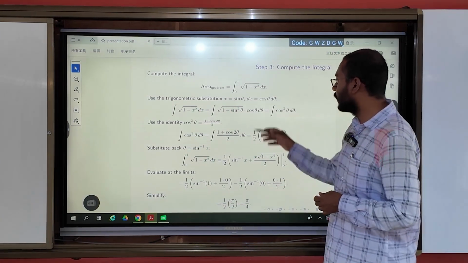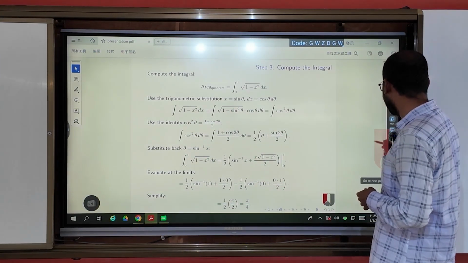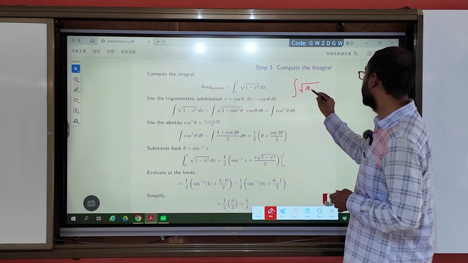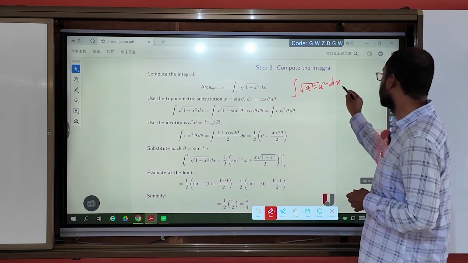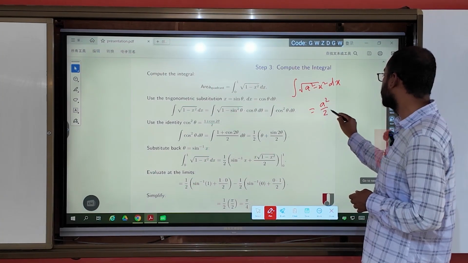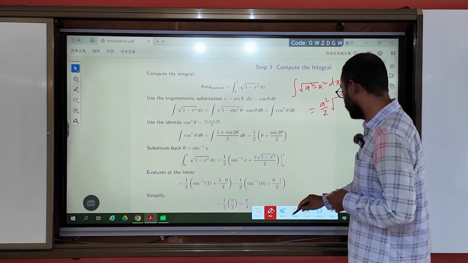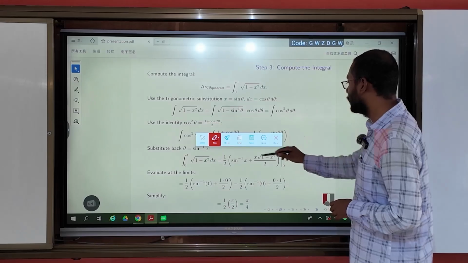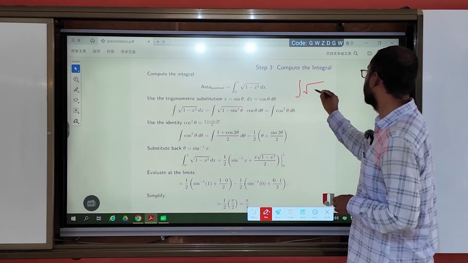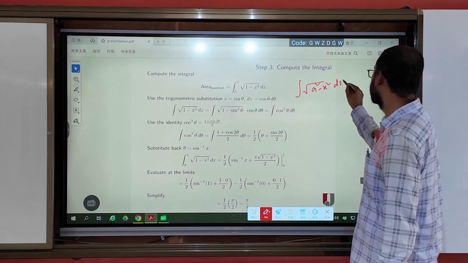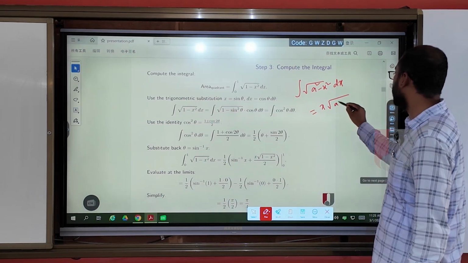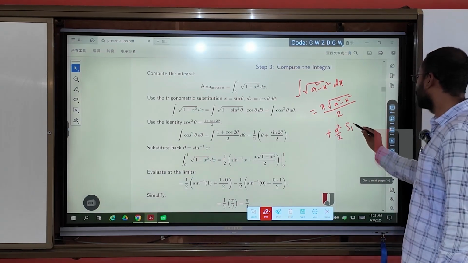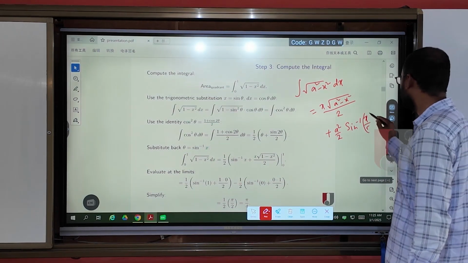Also, if you know the formula, we can directly use it. The formula for integration of root over of a square minus x square dx is x into root over of a square minus x square by 2 plus a square by 2 sine inverse x by a.